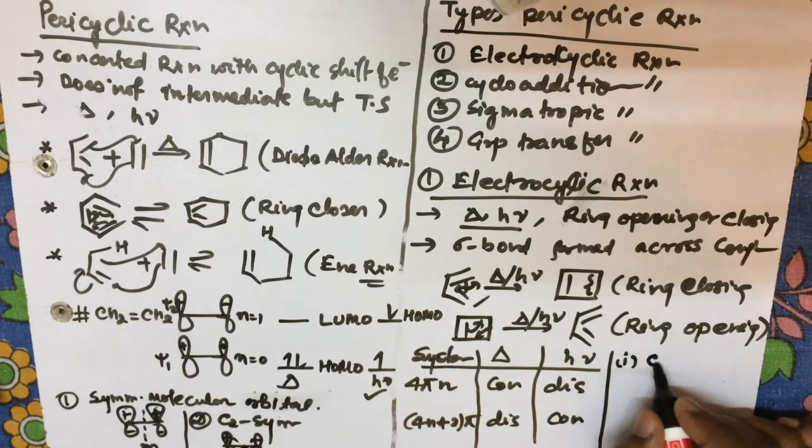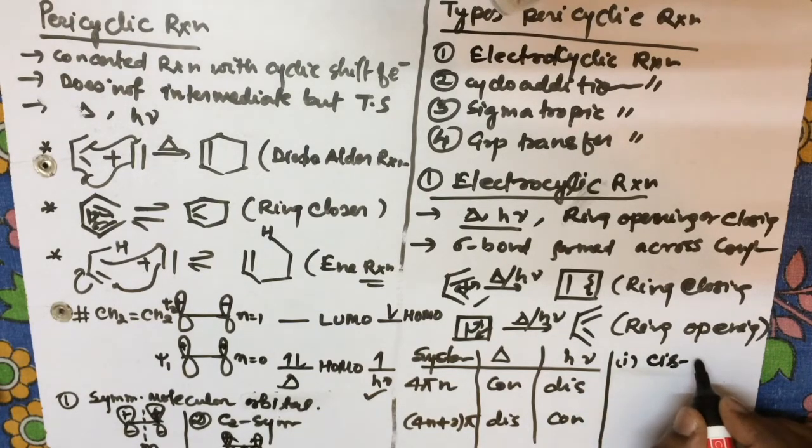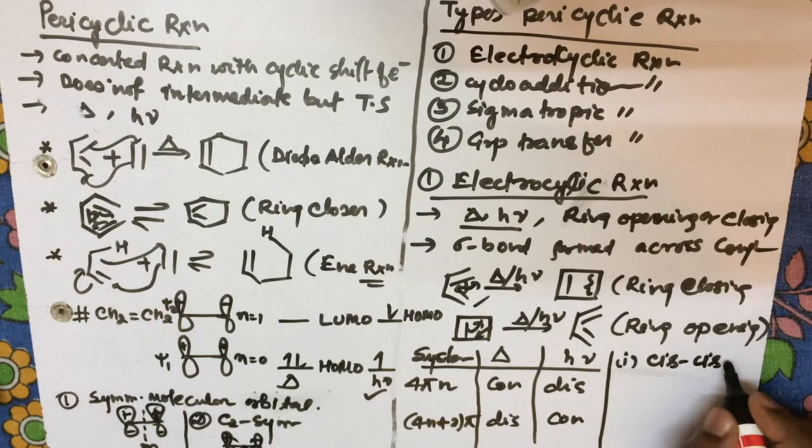First, if cis and cis in your reactant, then overall becomes cis.